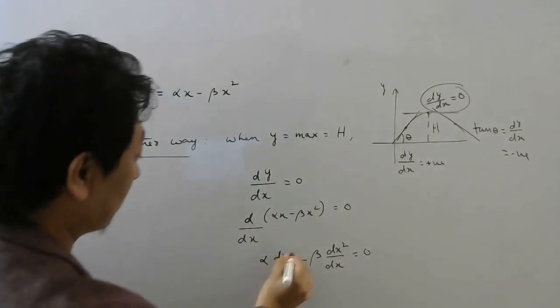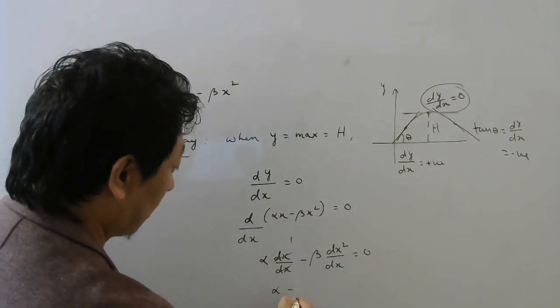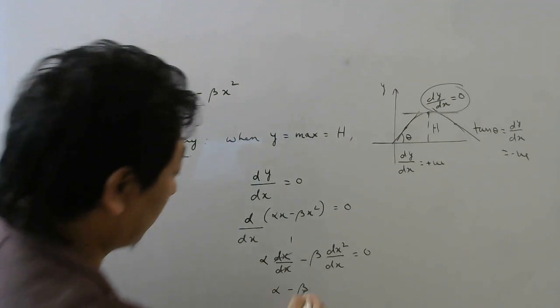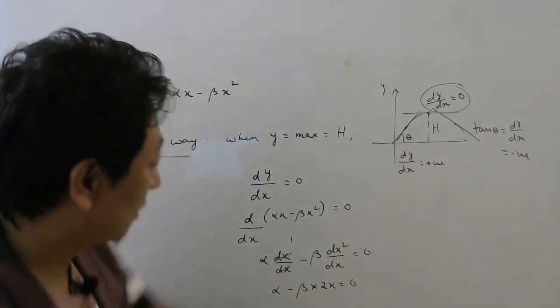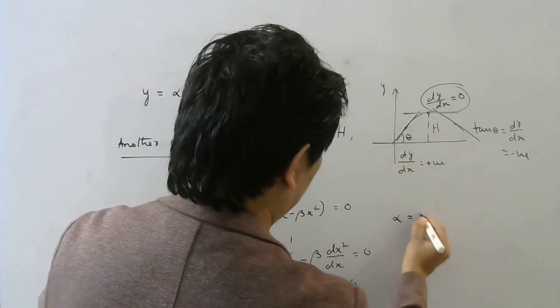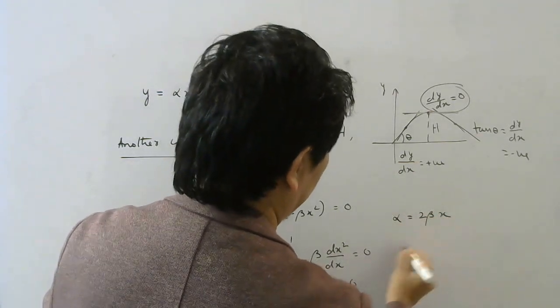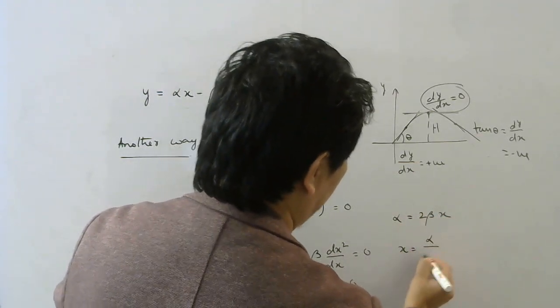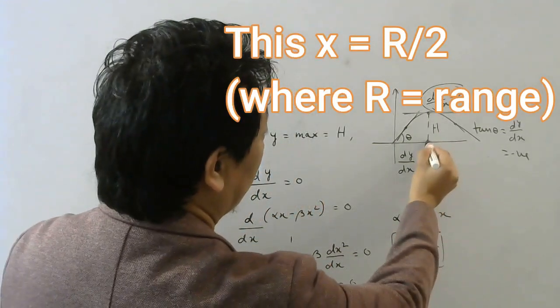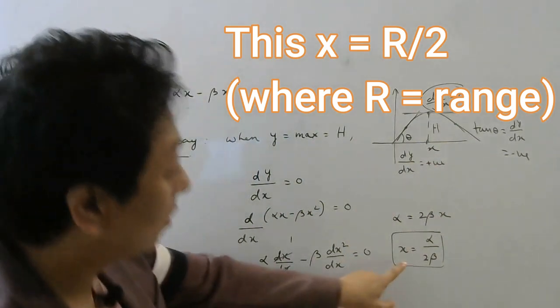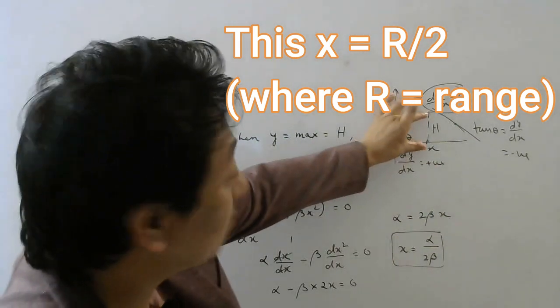Now dx by dx is 1, and differentiation of x square is 2x equal to 0. So take this one that side, you will get alpha equal to 2 beta x. So x will be alpha by 2 beta. That means this is the x coordinate where your y will be maximum.